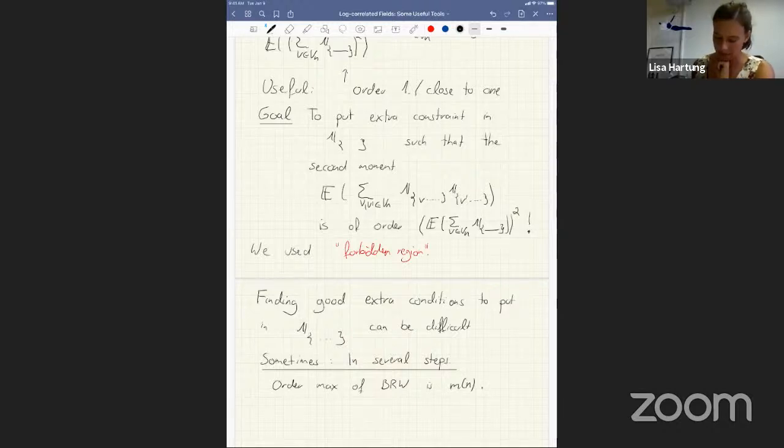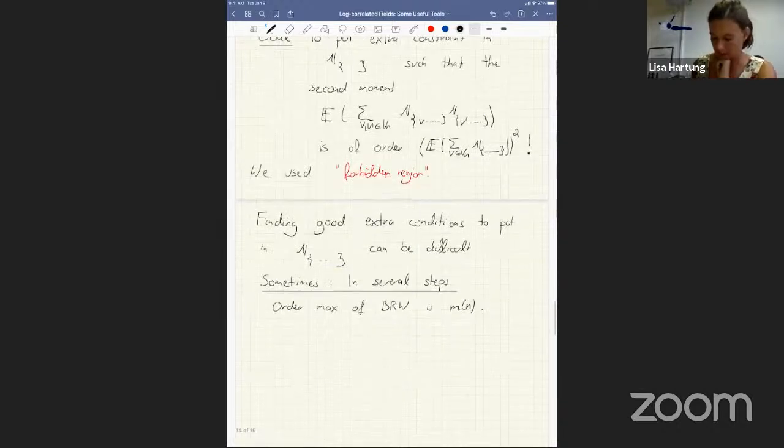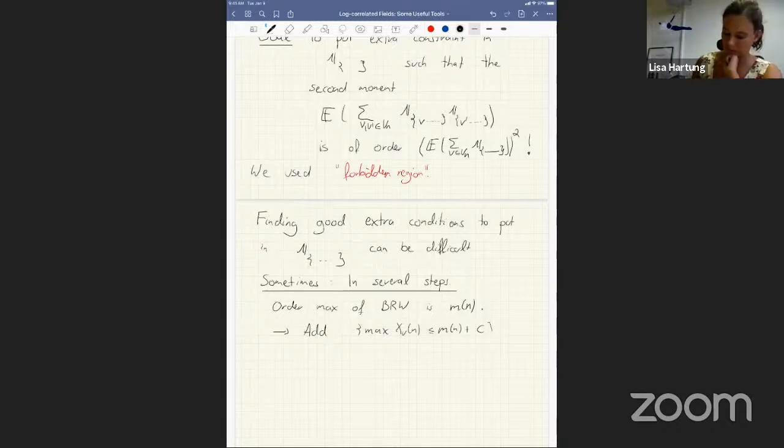Now I can, in principle, add this event that the maximum of my branching random walk is below M_n plus some very big constant. Because I know this is true with high probability, I can in principle add this to the indicator function.